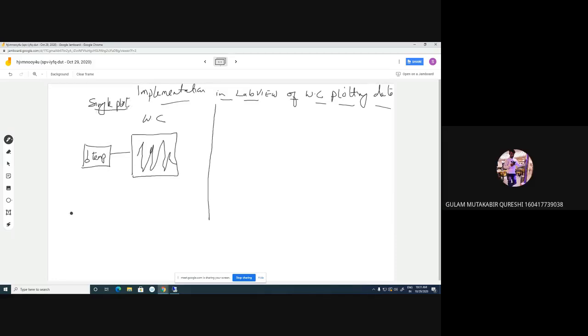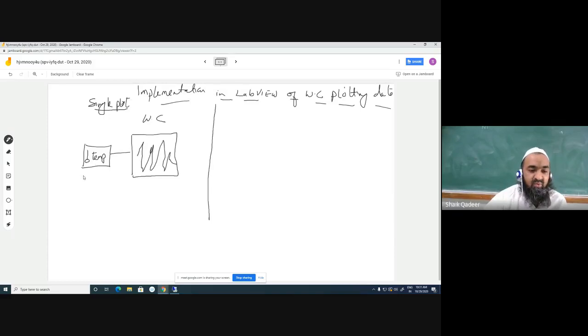Simple temperature control. It can be a sensor from outside. It can be a sensor or simulated sensor.